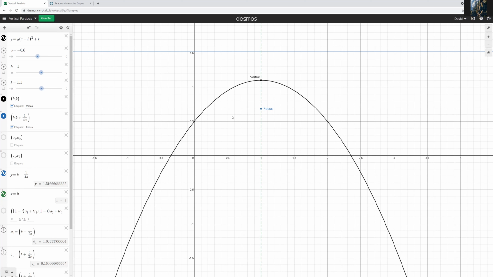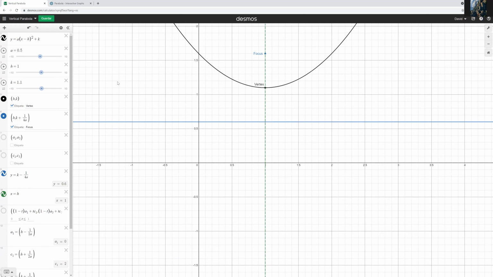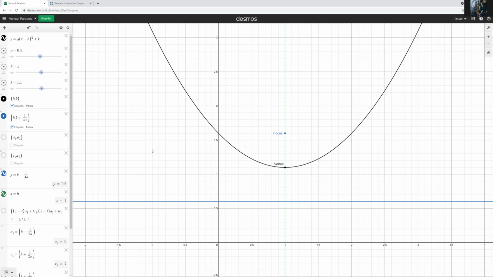Now, almost finally, we have the direction of the opening. In this case, we just have to see where it's opening, or in this case, it's going downwards. And we said that it can also go in this way, upwards.